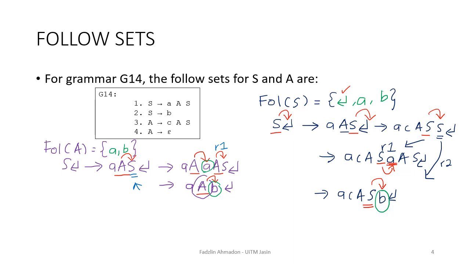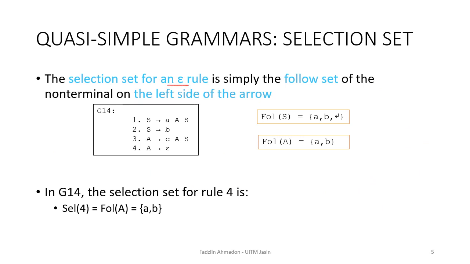So we have managed to discover the follow set of A and the follow set of S. The selection set for a nullable rule is simply the follow set of the non-terminal on the left side of the arrow. So now, let's compute the selection sets for grammar 14. The selection set for rule 1 is A, rule 2 is B, rule 3 is C, and rule 4 is follow A, because A is the non-terminal on the left-hand side of the arrow for rule 4.